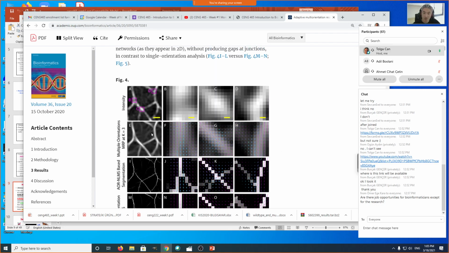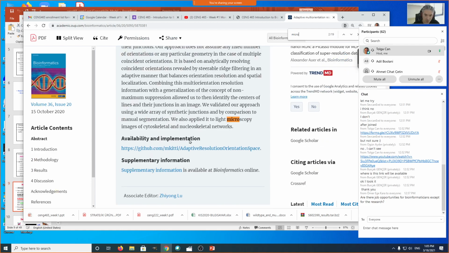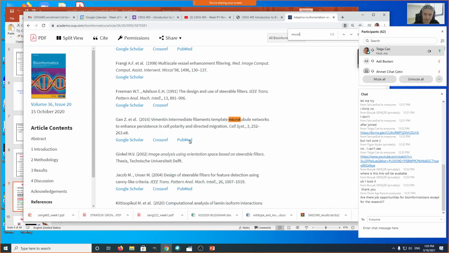Actually, this is even, we may be looking at inside a single cell. For example, they may be microtubules. I'm not so sure. Yeah, cytoskeletal. So cytoskeletal means we're looking at the protein complexes within a single cell that make up the skeleton of a cell, like these filaments, like microtubules. Yeah, there are the microtubule networks.